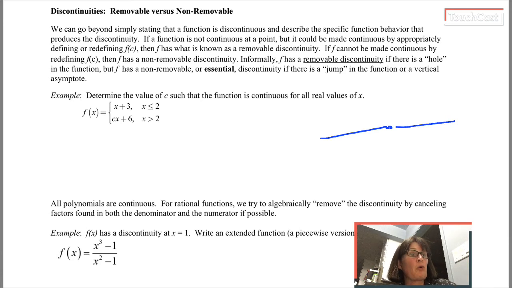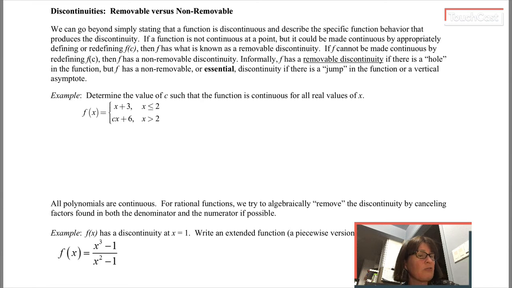If you have something more serious, like a jump discontinuity or some kind of infinite discontinuity, then there's nothing you can do. There's no quick fix to the function rule that will make your function continuous.